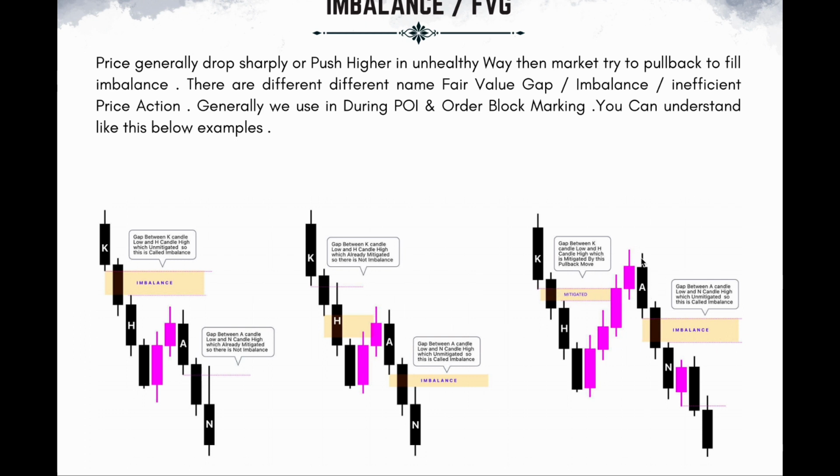And then the price comes again with strong momentum between the A and the N candles. Usually the imbalance must be formed between the first candle's low and the third candle's high. This is the bearish example, so this is the bearish imbalance.